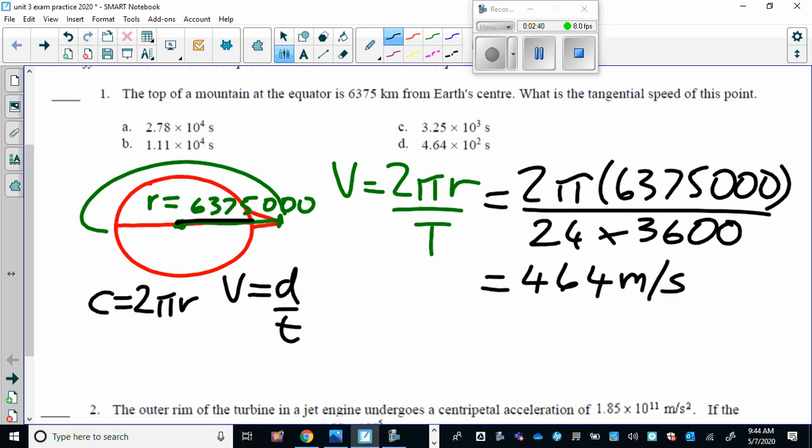So the answer is D. Oh, and it seems the test has the wrong units on D. So these all should be in meters per second.